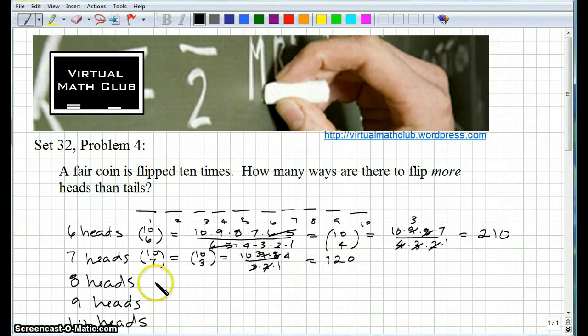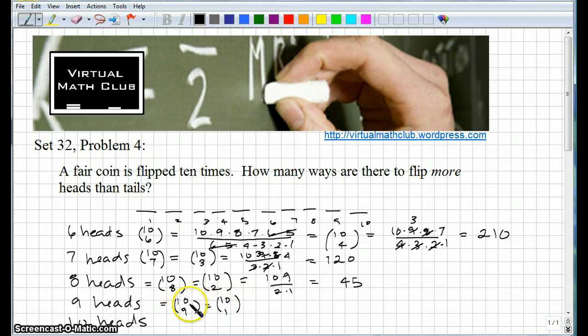Okay, and then 10 choose 8 is the same as 10 choose 2, which is just 10 times 9 over 2 times 1, which is going to be 45, and 10 choose 9 is the same as 10 choose 1.